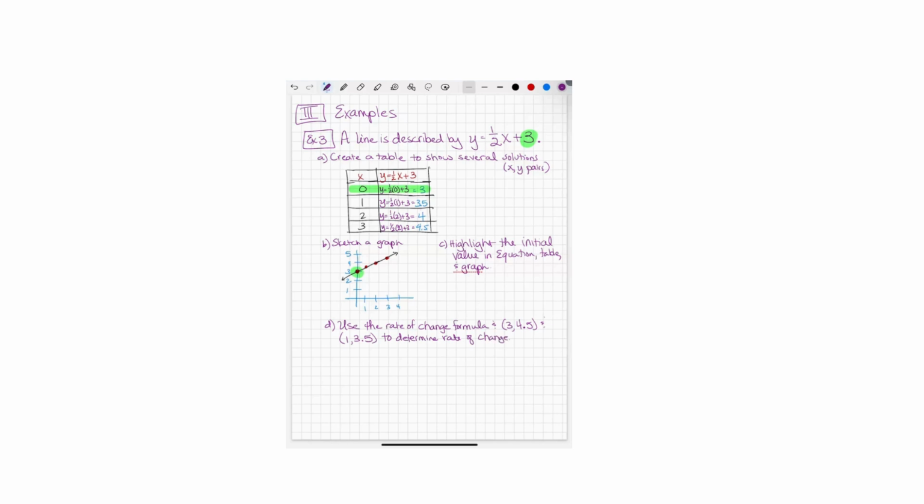Maybe peek back on the other page, jot down that rate of change formula. It's like with the Y2s and stuff. So jot that down and then we'll apply it together.